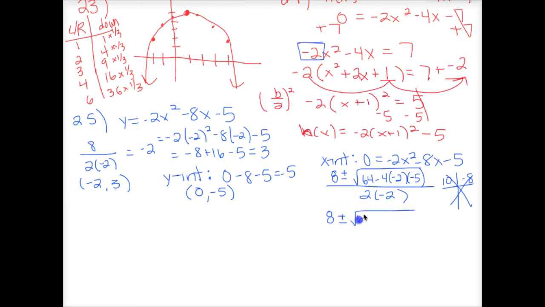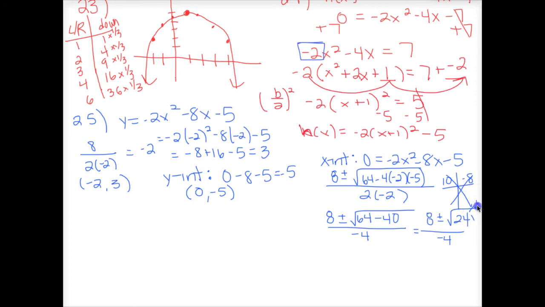So 64 minus 4 times 2 is 8, times 5 is 40, over -4. So 64 minus 40 is 24. Now this square root, I don't get off as easily as I did in number 17. This I need to simplify, so either do biggest perfect square or factor tree.